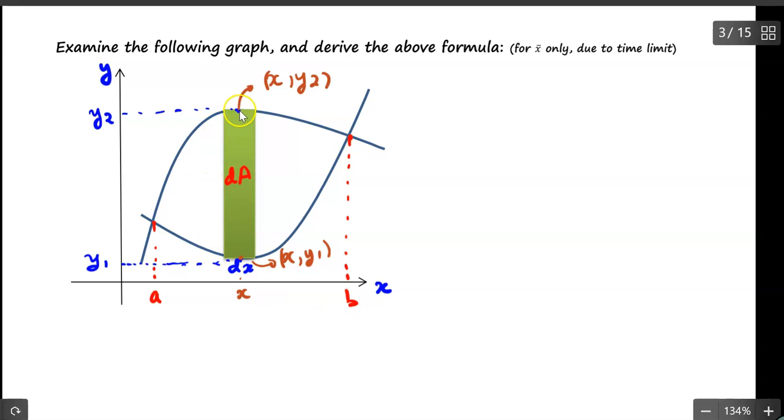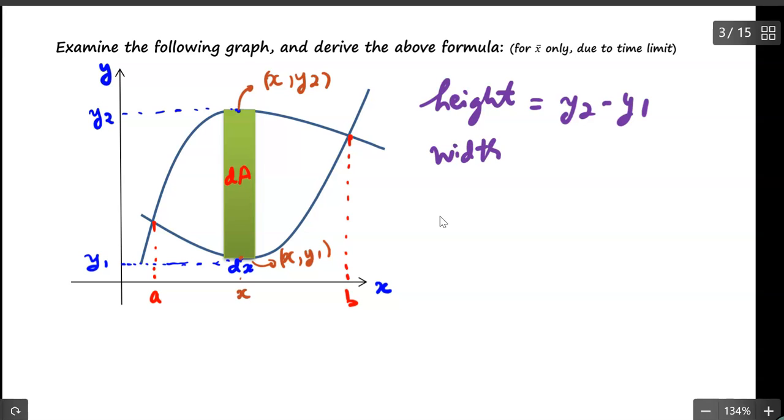From y2 to y1, I want to find the height of this dA. The height of this dA will be y2 minus y1. So I'm going to write it: the height is equal to y2 minus y1, and the width is equal to dx. See this dx right here, and right here is y2 minus y1.